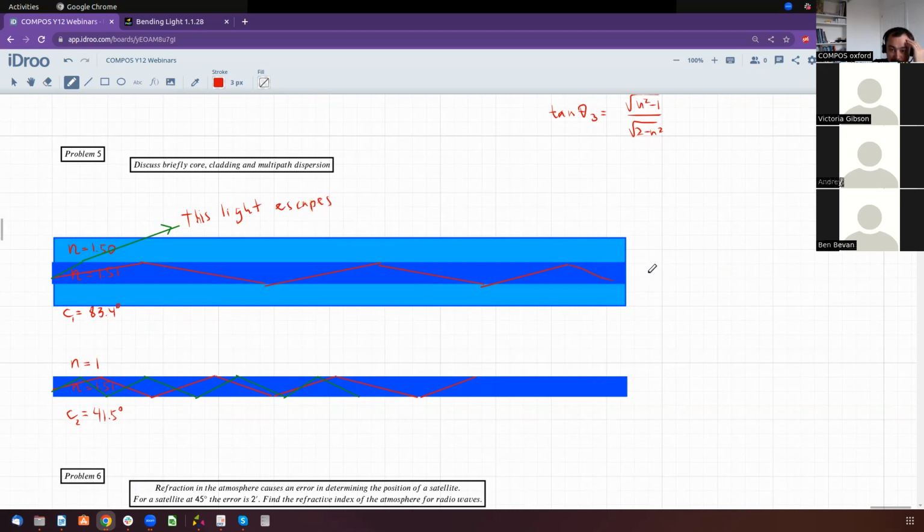Only angles close to 90 are allowed. And here angles up to angles 41 and above. 41 and above.